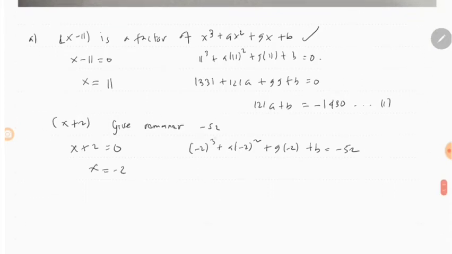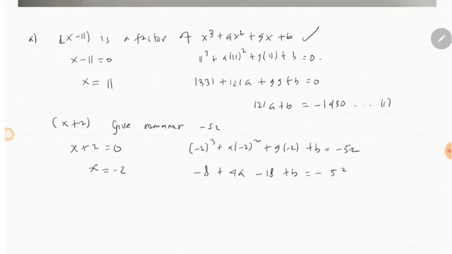So negative 2 cubed is negative 8, and negative 2 squared is 4, so plus 4a, and 9 times negative 2 is negative 18. So negative 8 minus 18 is negative 26, plus 4a plus b equals negative 52.